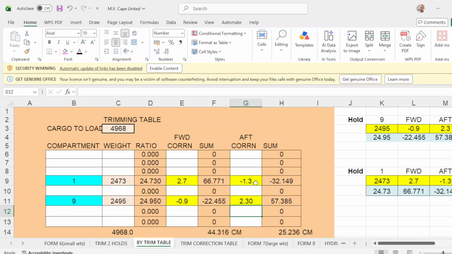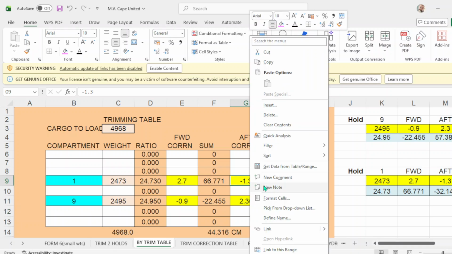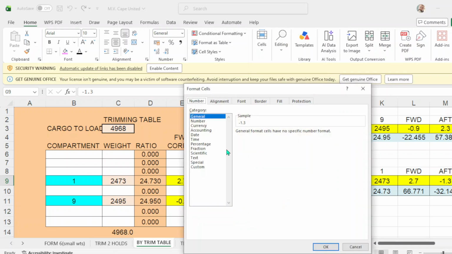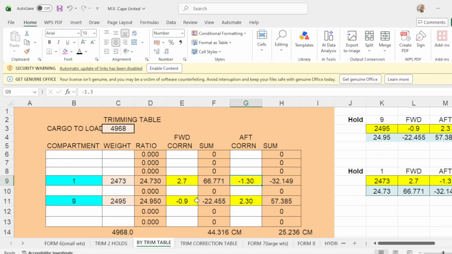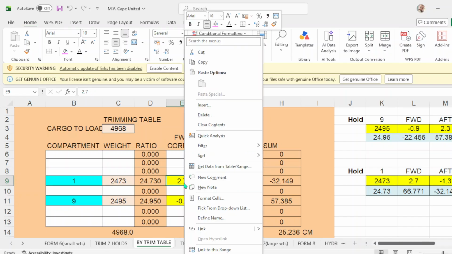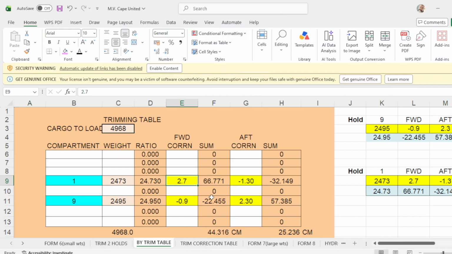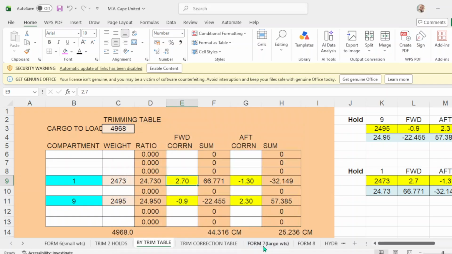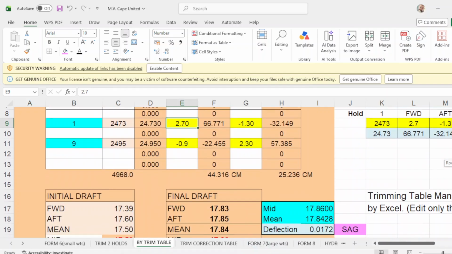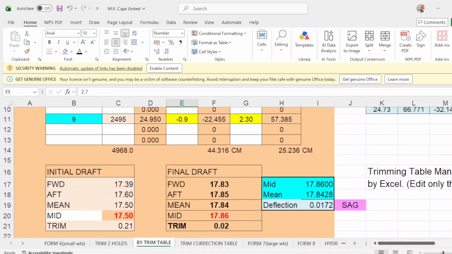Put this one. Just number. And this should be even keel of 1786.